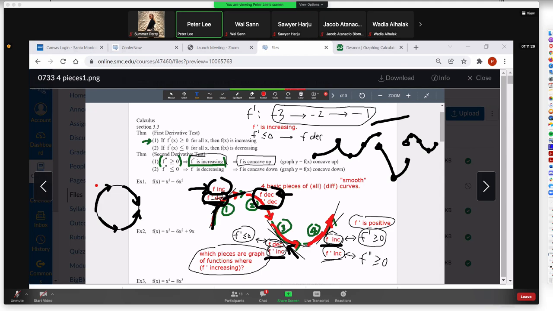So now let me say this again. If f is increasing, then what can you conclude? Then either f prime is positive, or f prime does not exist.